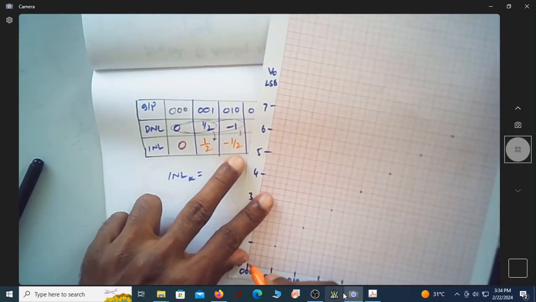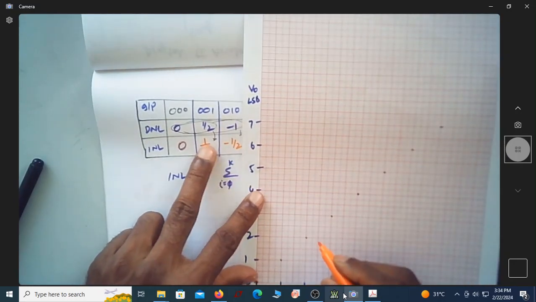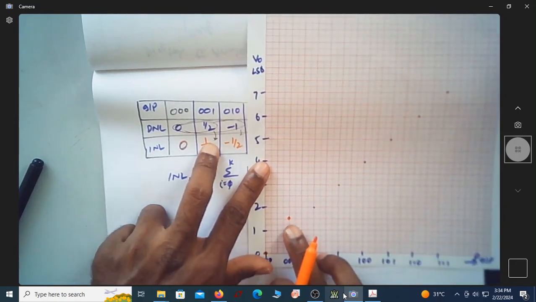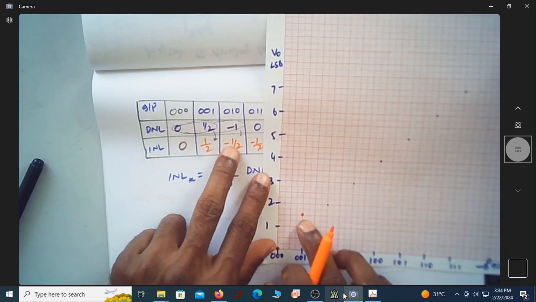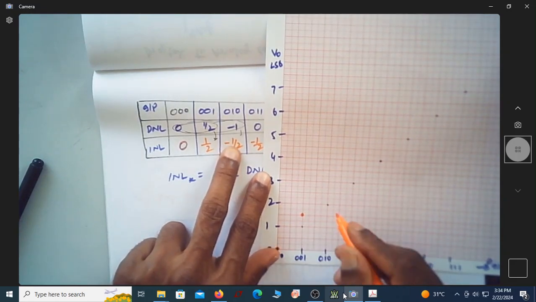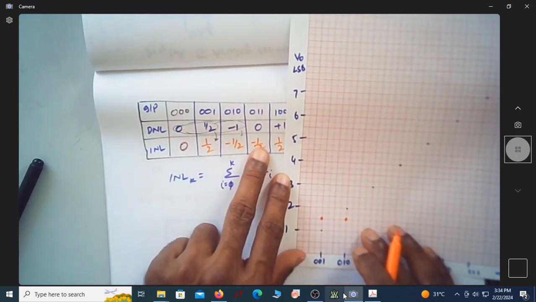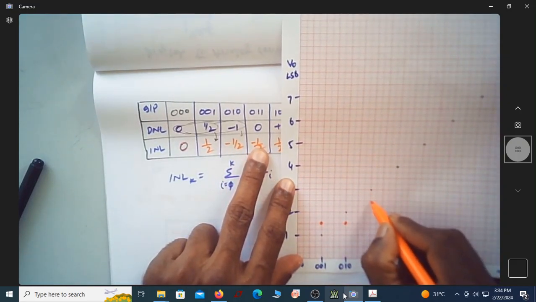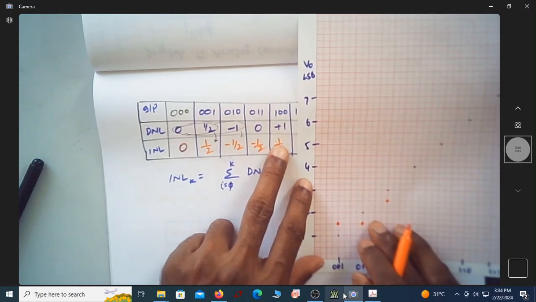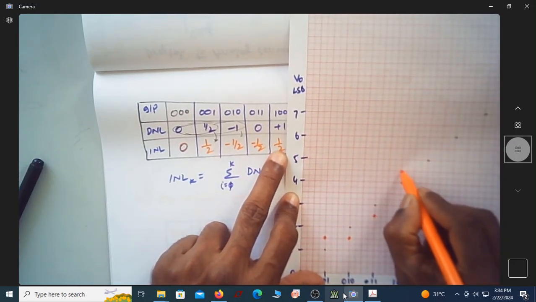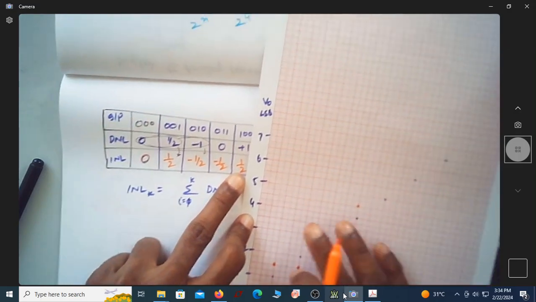Suppose you do this: this is 0, this is half LSB more, this is my actual point, this is half LSB more, then this is actually minus half LSB. From this value it's actually minus half LSB, and then this is also minus half LSB, it's here, and this is half LSB more. So from the ideal value it is half LSB more.